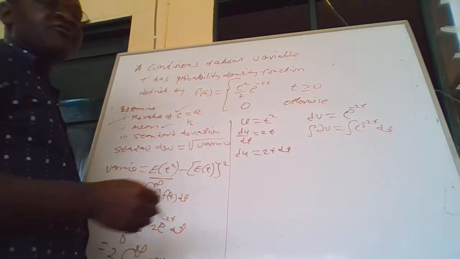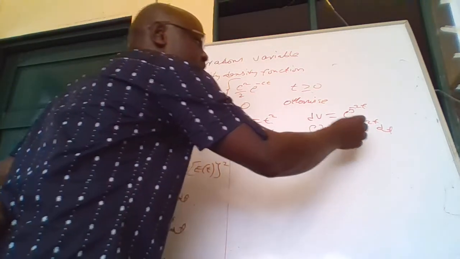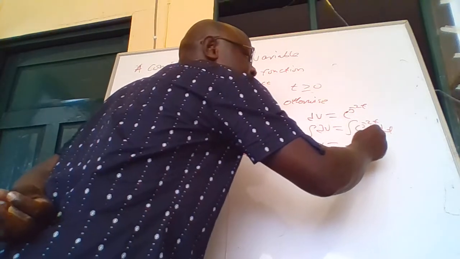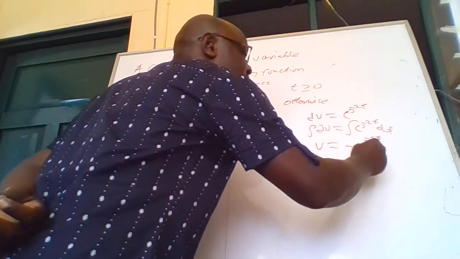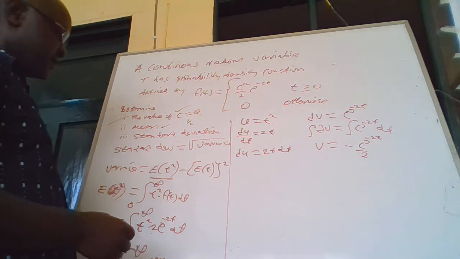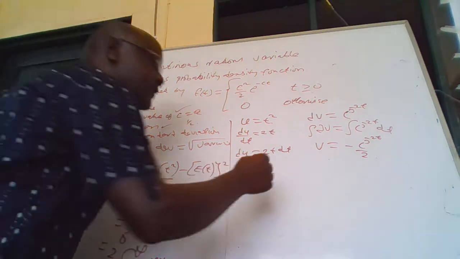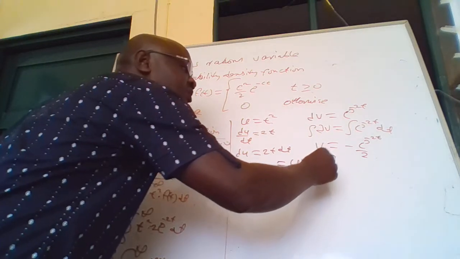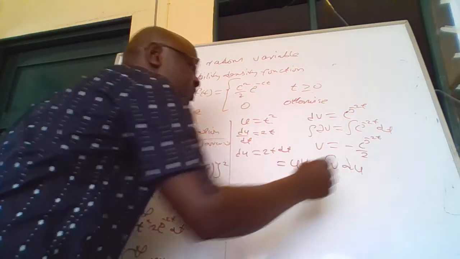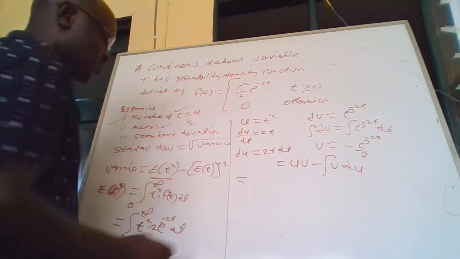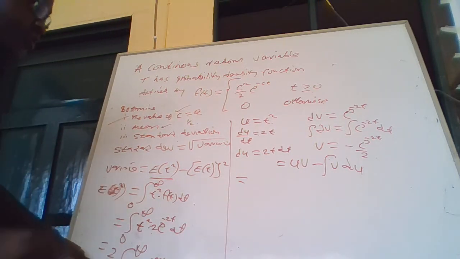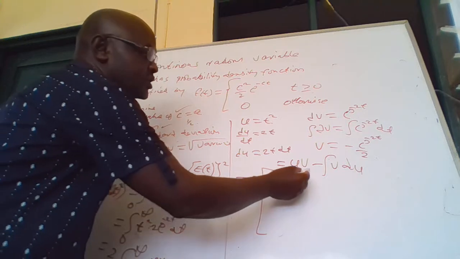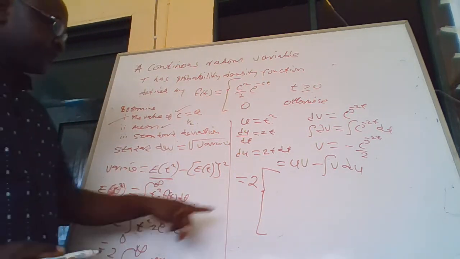When you integrate dv, you get v. When you integrate exponent minus 2t, you get minus exponent minus 2t all over 2. Integration by parts formula, uv minus integral v du equals, we already have 2 here, so we write 2 into, now we substitute in this formula.